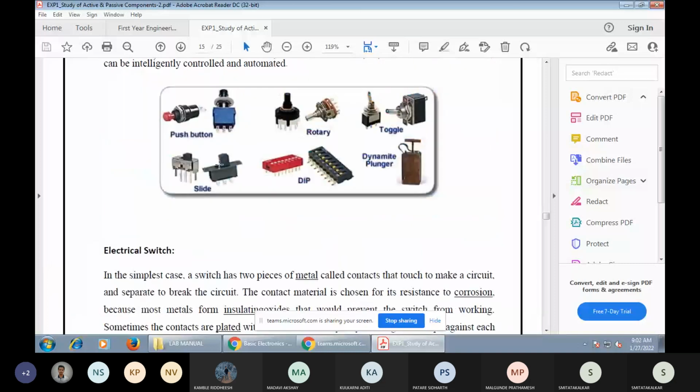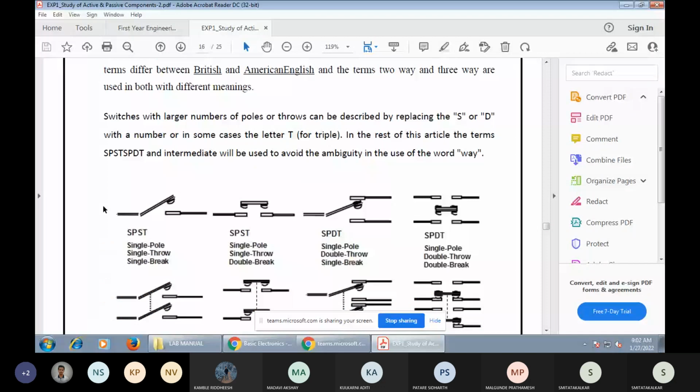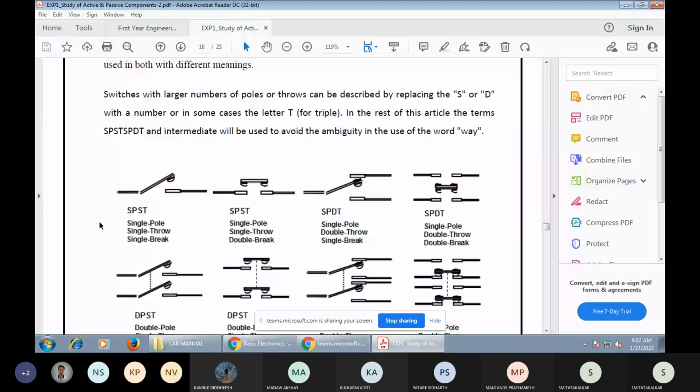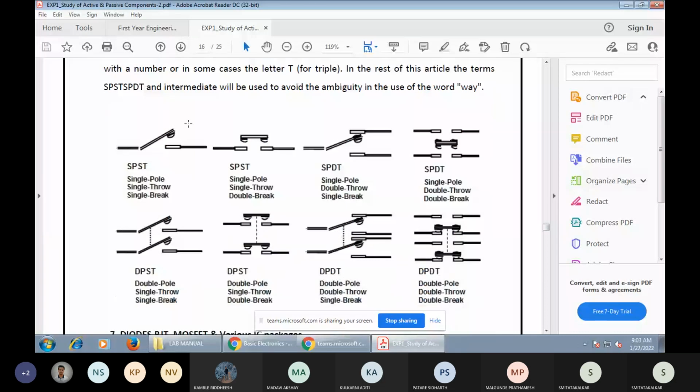If the contact of the switch is like this, this is the contact switch. Single pole, single throw. This type of switch you can use for relays. If the contact of the switch is single, one contact touches the bottom of another slider, then you can supply the current. And if it is open, then no current, because of the break.